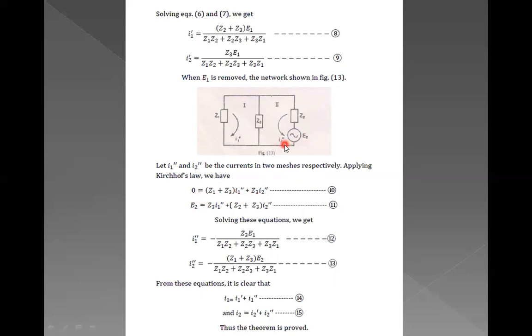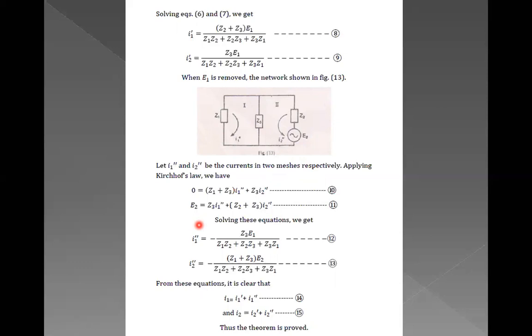It is I2 double dash into Z2 plus (I1 double dash plus I2 double dash) into Z3, and that should be equal to E2. Rearranging, E2 equals Z3 I1 double dash plus (Z2 plus Z3) into I2 double dash.